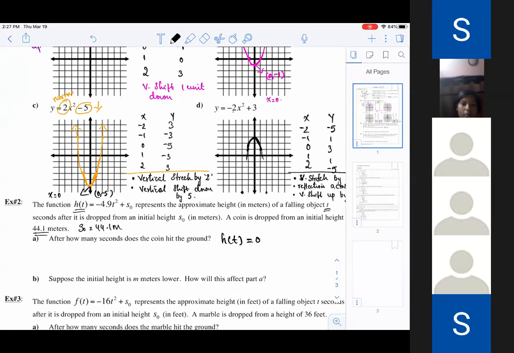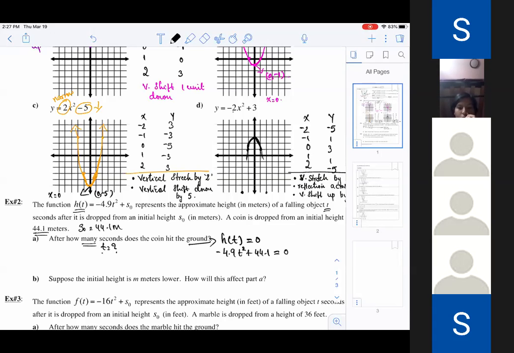And this one says after how many seconds, that means we are asked to find t. Does the coin hit the ground means the height will be 0. Okay, so h of t, and then you replace the h of t by the equation, which is -4.9 t squared plus s0, in this problem 44.1, because the initial height is 44.1 meters, and you set that equation equal to 0.